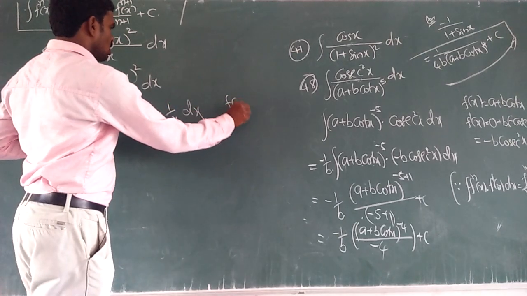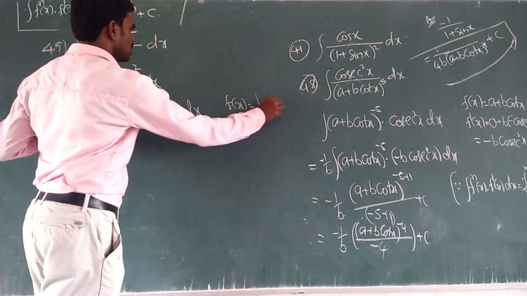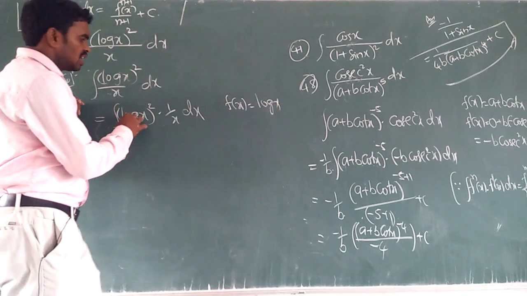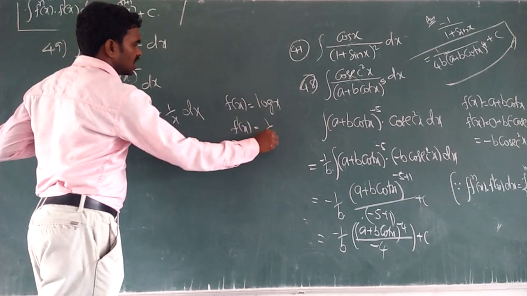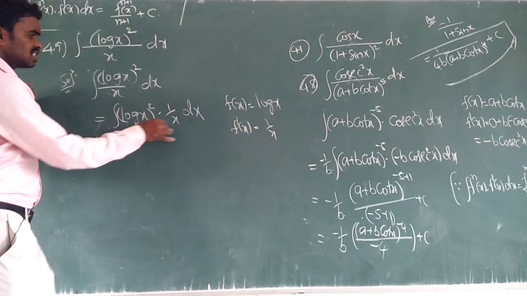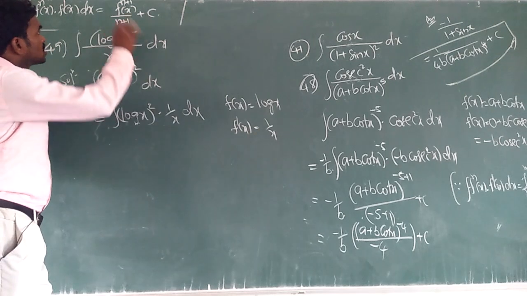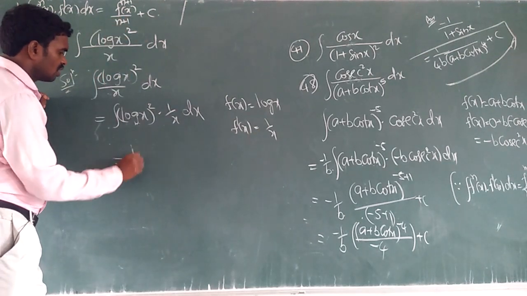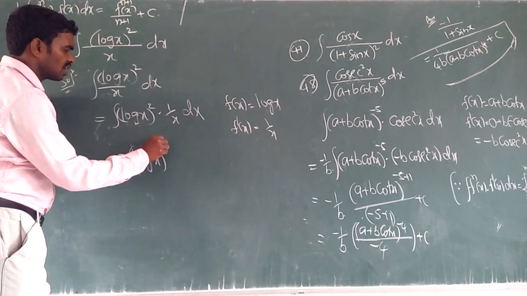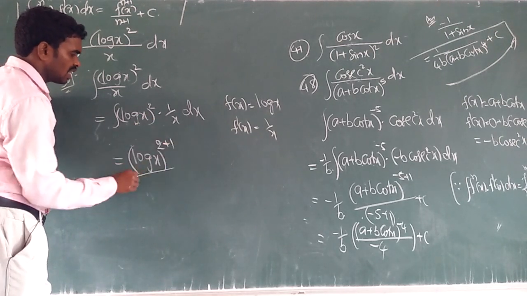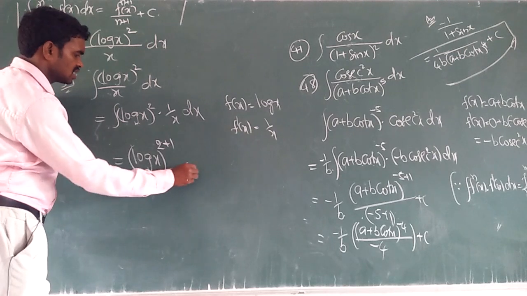So f of x is log x. The derivative of this, f dash of x, is 1 by x. Same formula. So which is equal to f of x power n plus 1, n means 2, so 2 plus 1 by 2 plus 1, plus c.